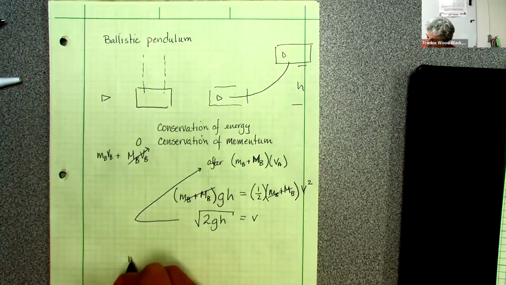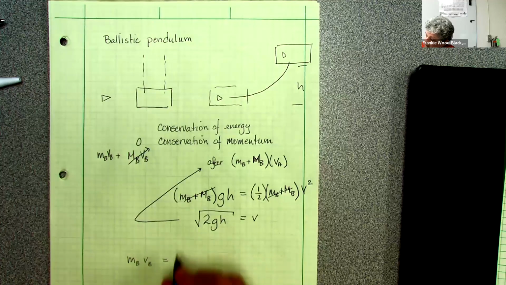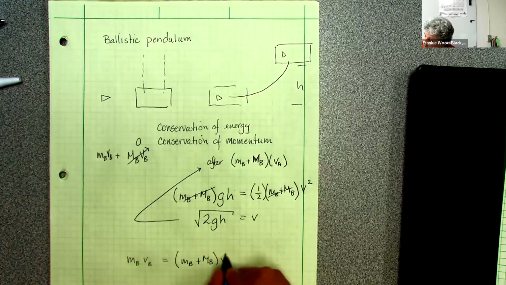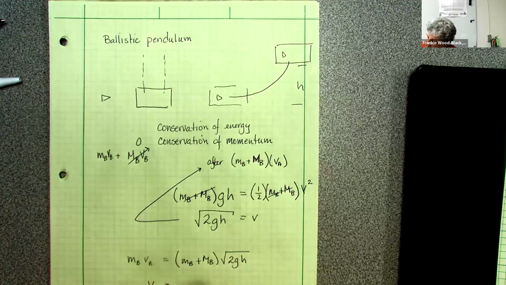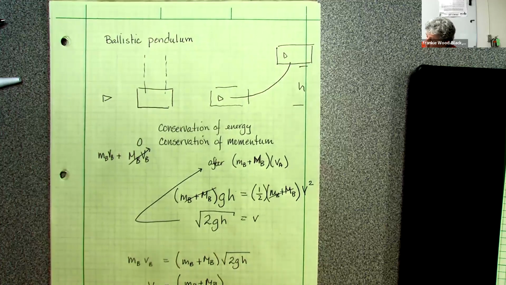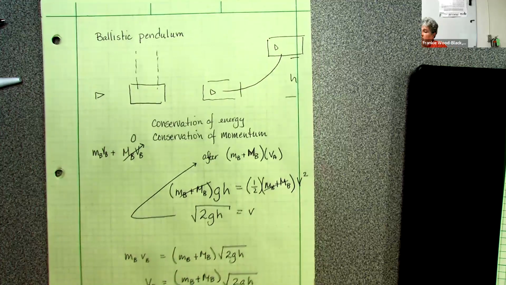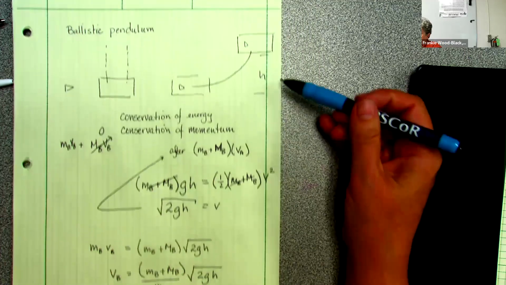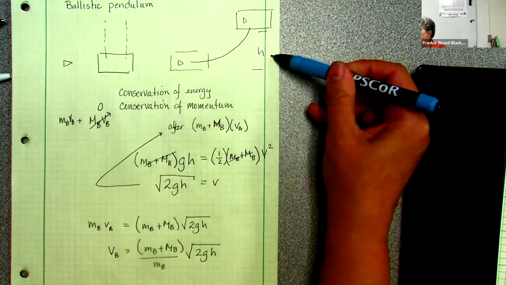So I get mass of the bullet times velocity of the bullet is equal to the combined mass times the square root of 2gh, and the velocity of the bullet then becomes that. And I only have to make a simple measurement of the height of my block.